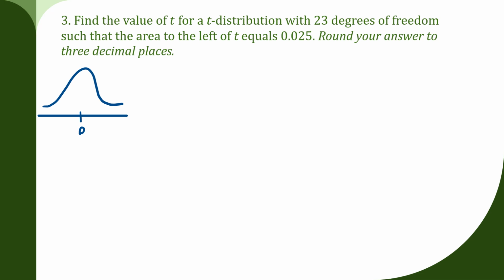The area to the left of t is 0.025, so that's definitely going to be on the left-hand side of 0. And that tells us that our t value is negative. That's the little shaded area, 0.025.